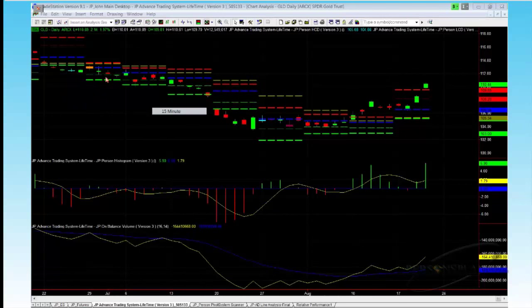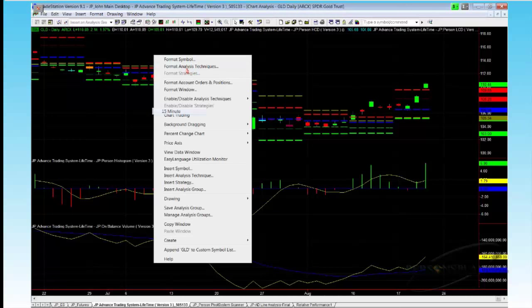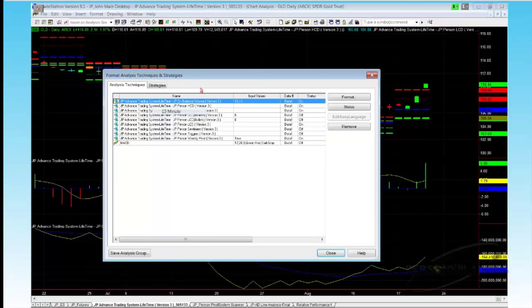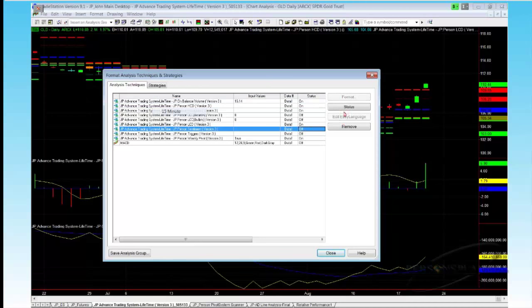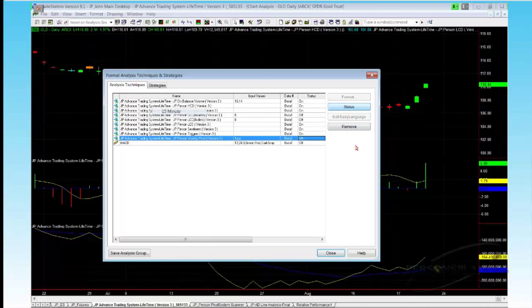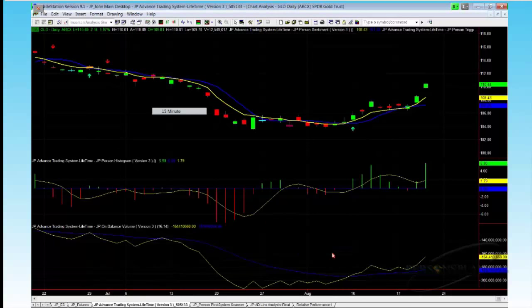Now, that's one tool. Let me go back, and we're going to format analysis technique. And now I'm going to turn on the sentiment, and I'm going to turn on the triggers. The sentiment is the moving averages, and the triggers are just the arrows, okay? And I'm going to turn off the pivots just for a minute and make sure everything is all set.